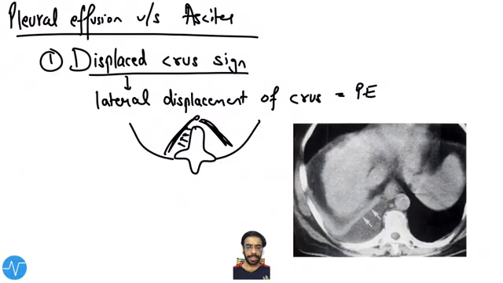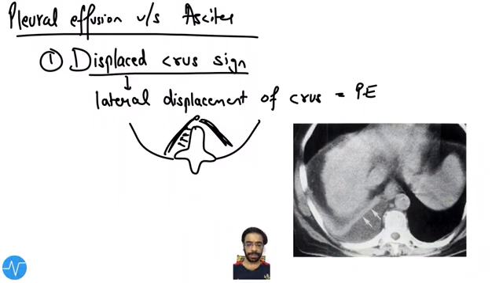How to differentiate pleural effusion versus ascites? Sometimes there is difficulty differentiating between pleural effusion and ascites, especially on CT. So there are some signs. Let us study. First is the displaced crus sign.